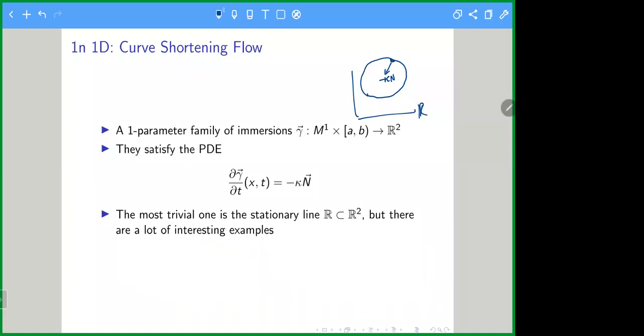The most trivial solution in the plane is just the line, which doesn't do anything. It just sits there. There are also some other basic solutions which I'll just show pictures of.